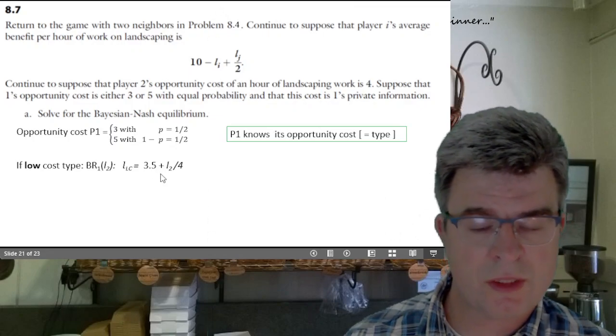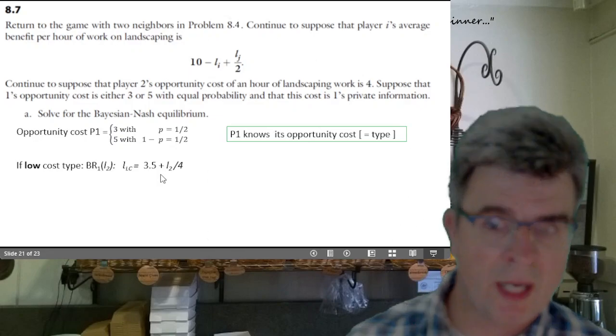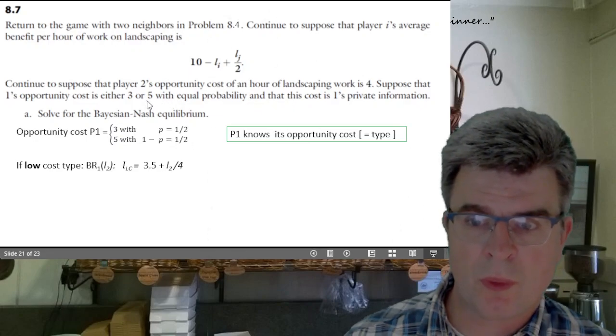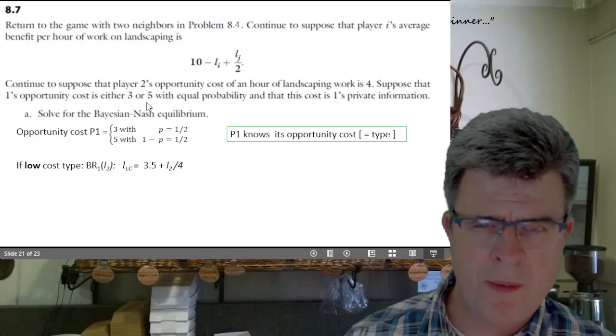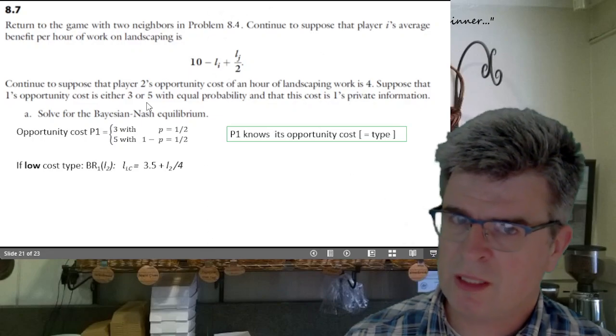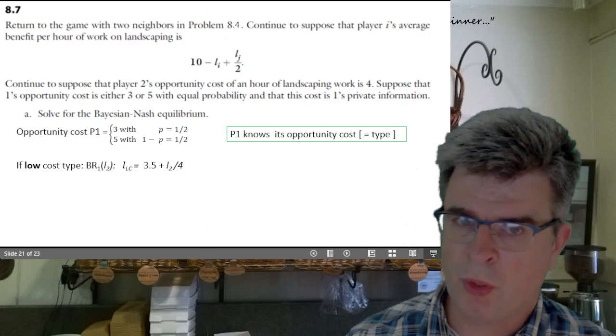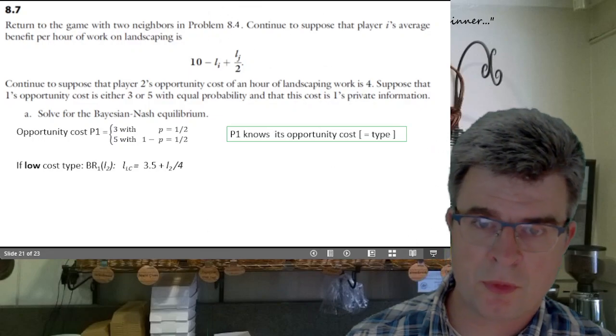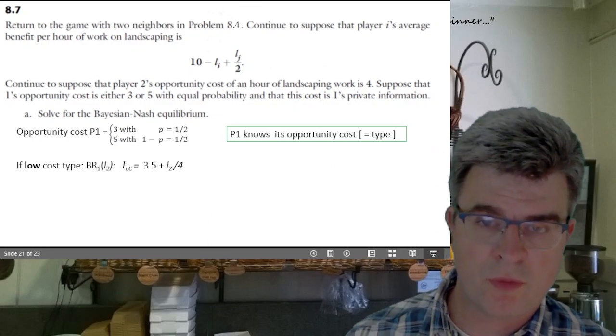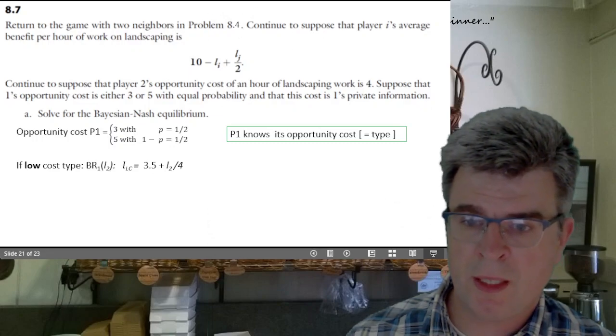If your marginal cost is higher, if you're of the high cost type, so your opportunity cost is equal to 5, then whatever the neighbor does, it's less attractive for you to work on landscaping. So you will provide less effort for any effort level paid by the neighbor.